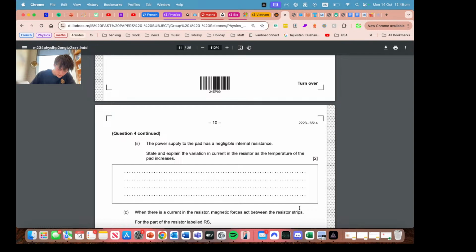So we can just go negative g times delta r equals negative g m over r equals v g. Is that not true? Did I miss something?